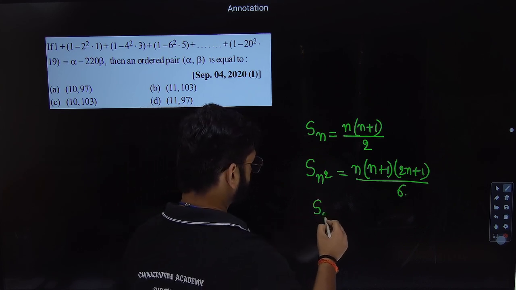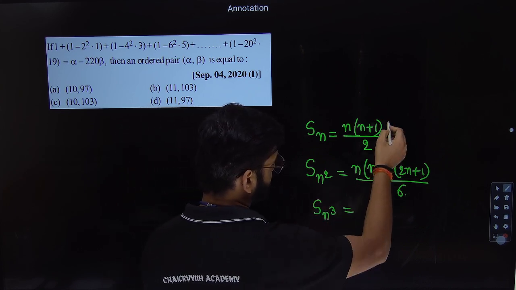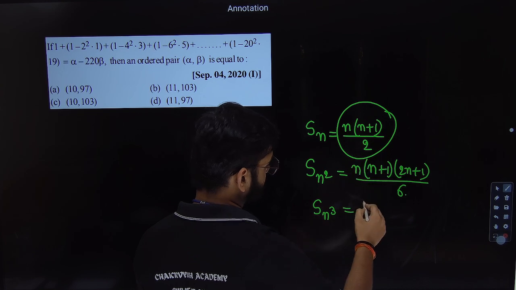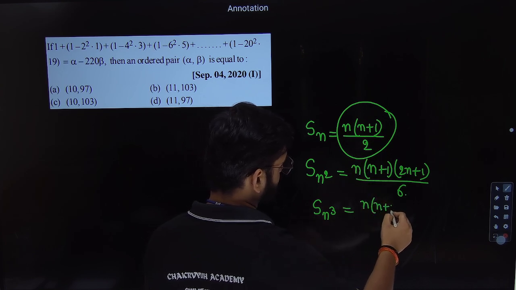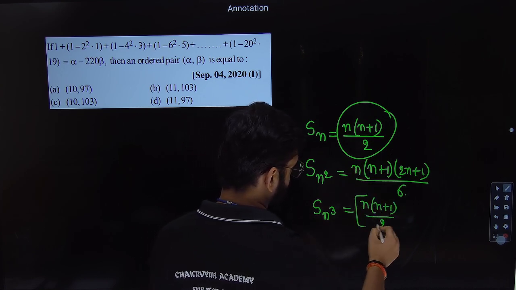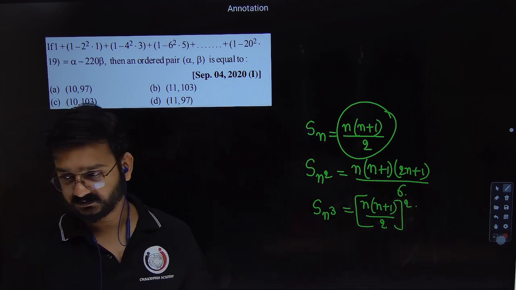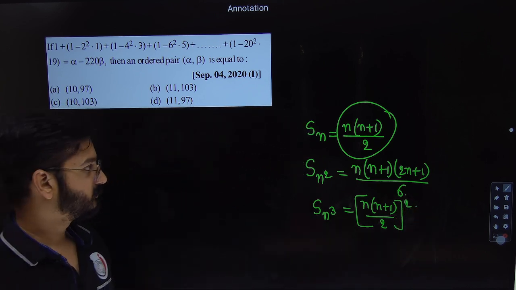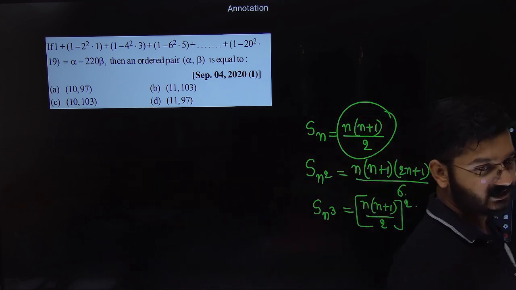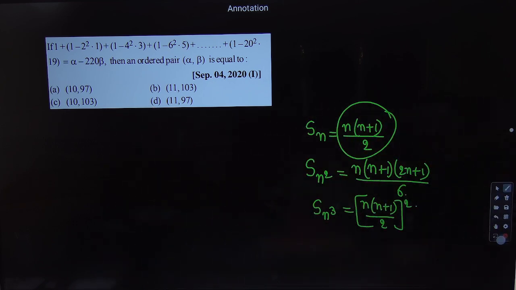What is the sum of cube of first n natural number? Square of this. These three formulas should be on your fingertips. You will be using these formulas in the next 3-4 questions.